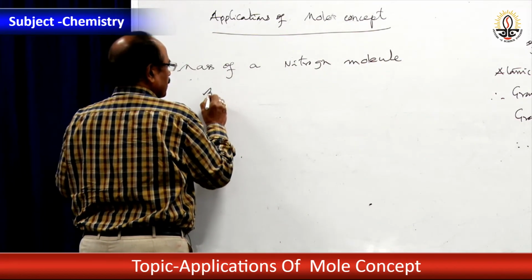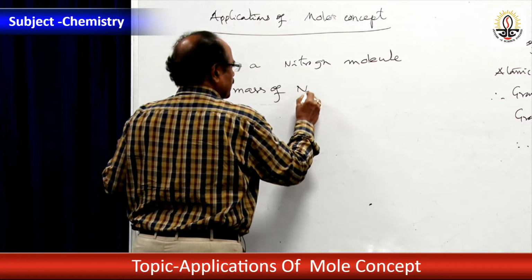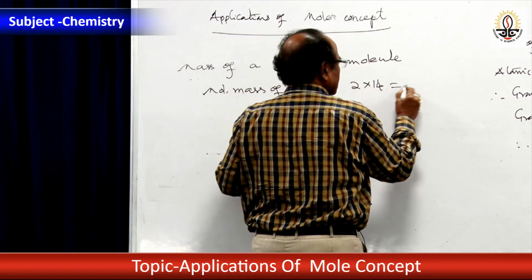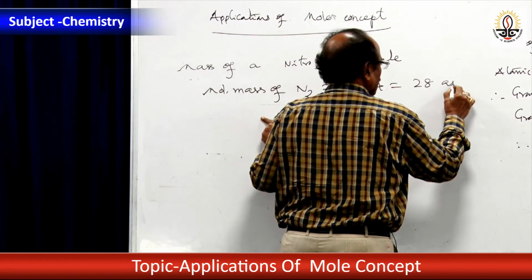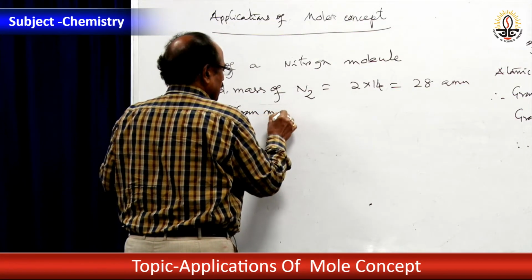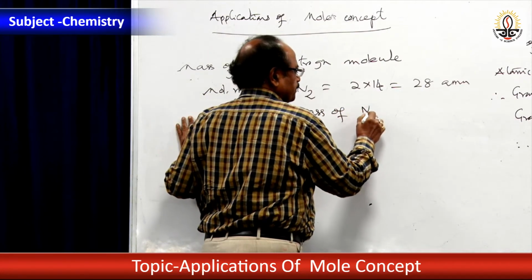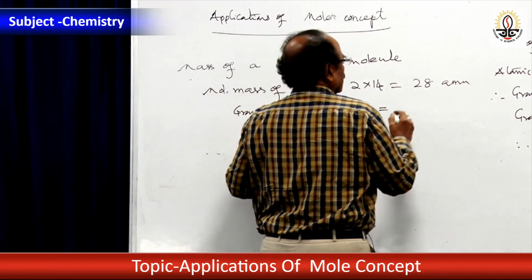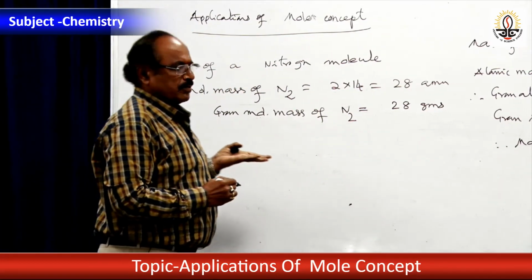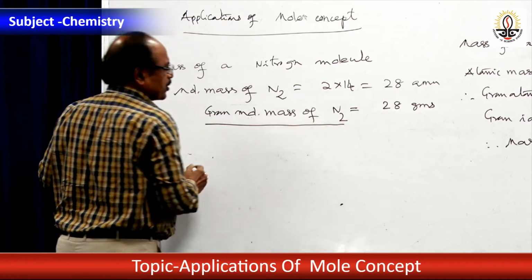So the molecular mass of a nitrogen molecule will be what? 2 into 14 atomic mass, that is 28 AMU, or the gram molecular mass of nitrogen will be what? 28 grams.